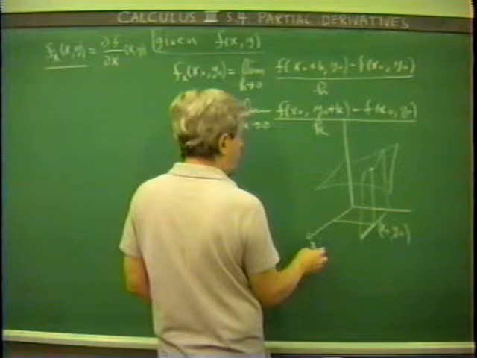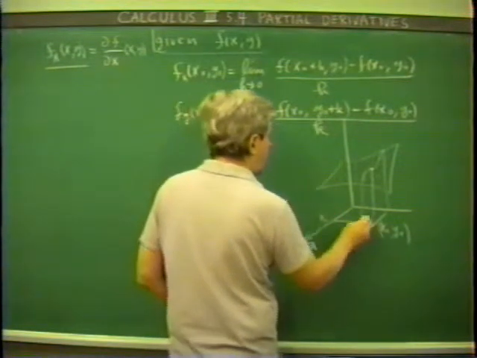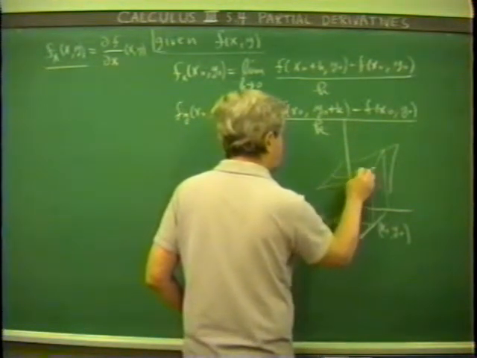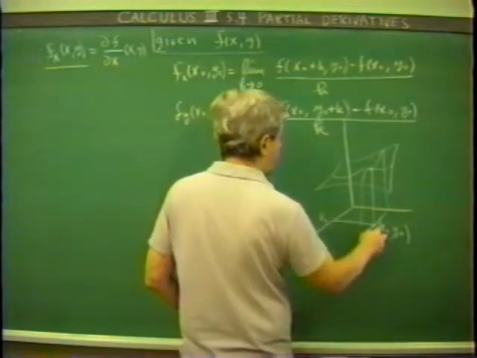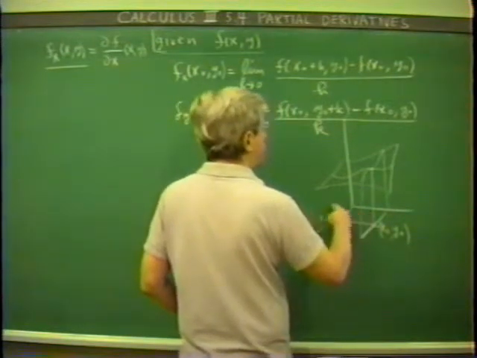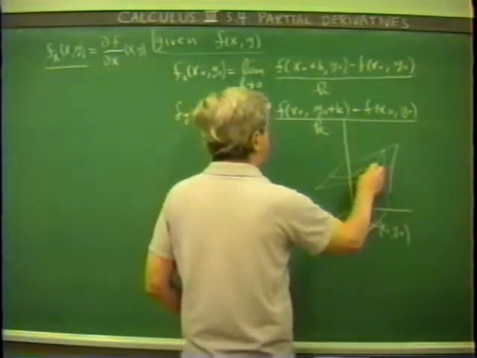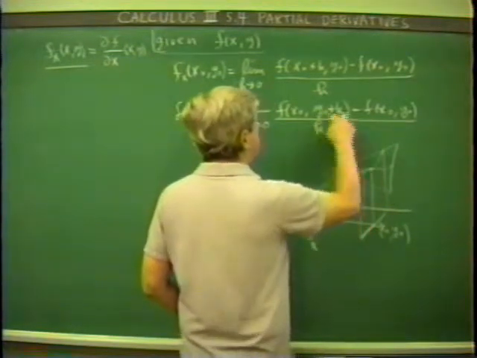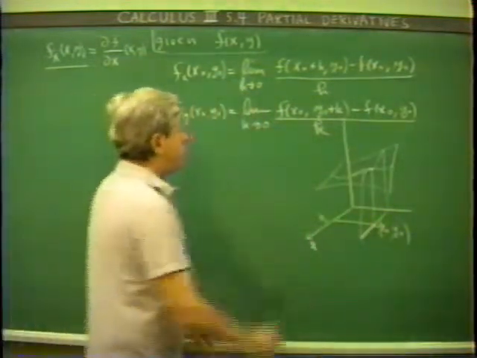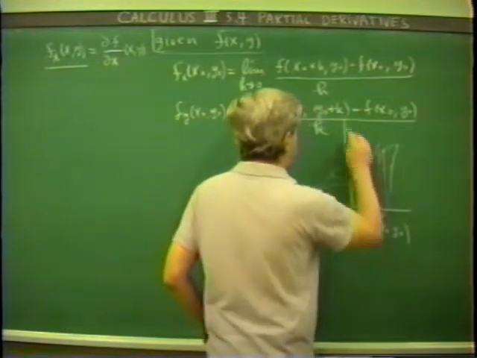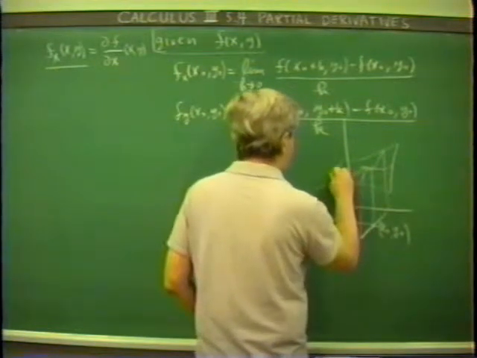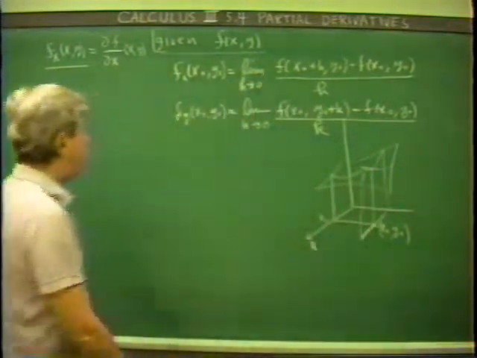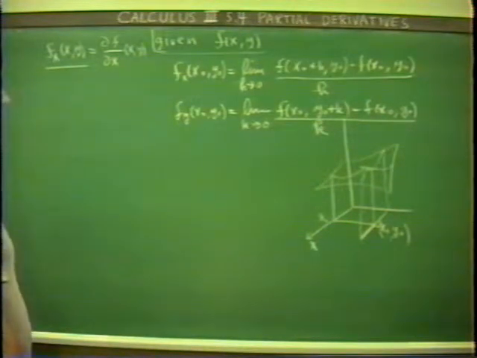So that's achieved by fixing x naught, looking at this curve here along the surface, as y proceeds from the left to the right, and computing the slopes of the secant lines and taking the limits. So this slope here is going to give you the slope of the tangent line in this plane of f of x and y.